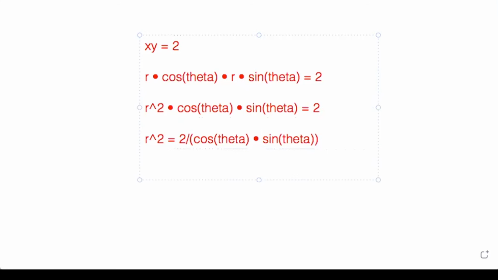And if I take the square root of both sides, r is equal to the square root of 2 over the cosine of theta times the sine of theta.